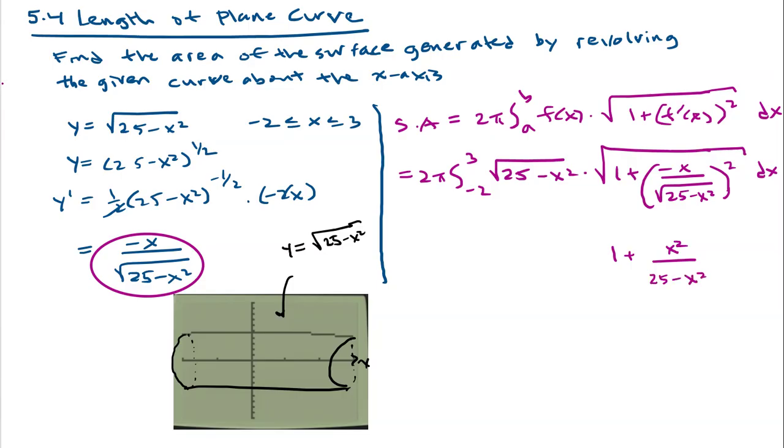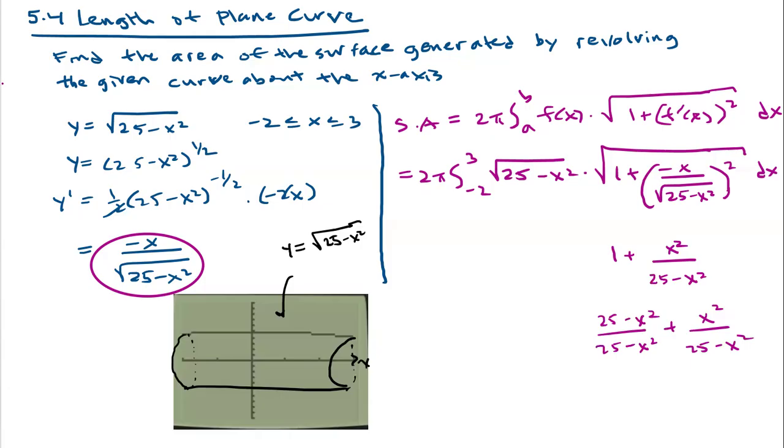Then I'm going to try to combine this together. I can rewrite 1 as 25 minus x squared divided by 25 minus x squared, plus x squared over 25 minus x squared.